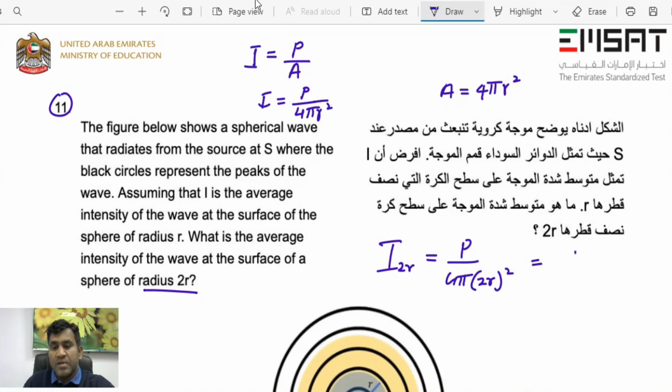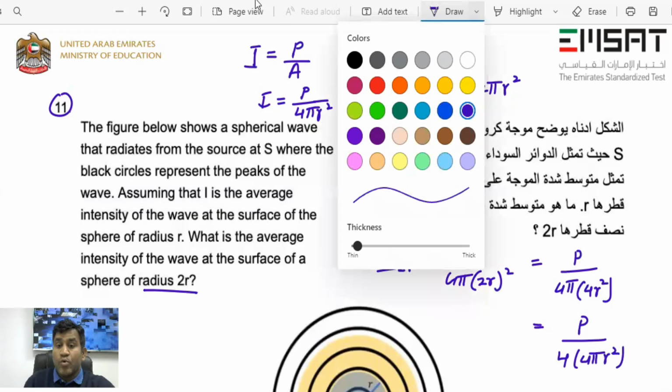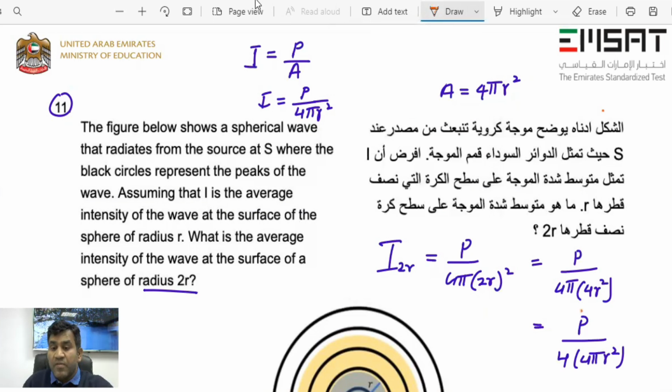If you simplify it further, P divided by 4 pi times 2r squared can be written as 4 and r squared. Further simplified, this can be written as P divided by 4, in the bracket 4 pi r squared. I just took that 4 out here. Why am I doing all that? Because I know that the intensity P divided by 4 pi r squared is this value. This is the I.